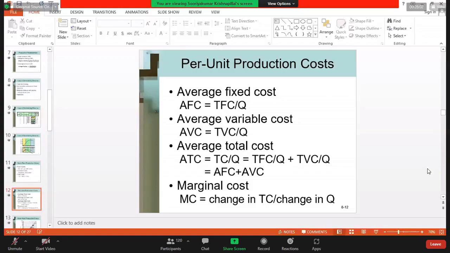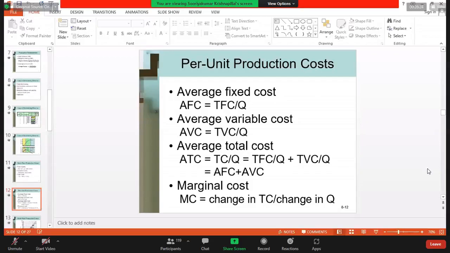When the output approaches infinity, it becomes close to the horizontal axis.